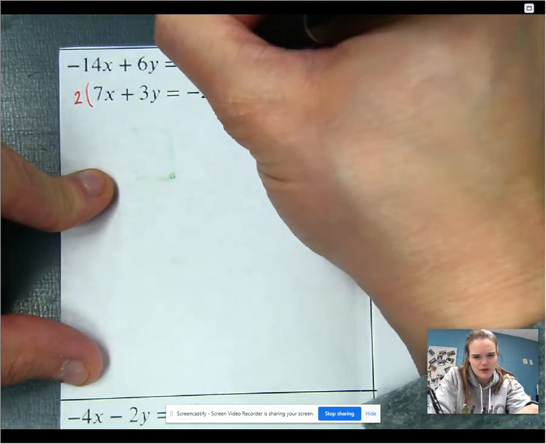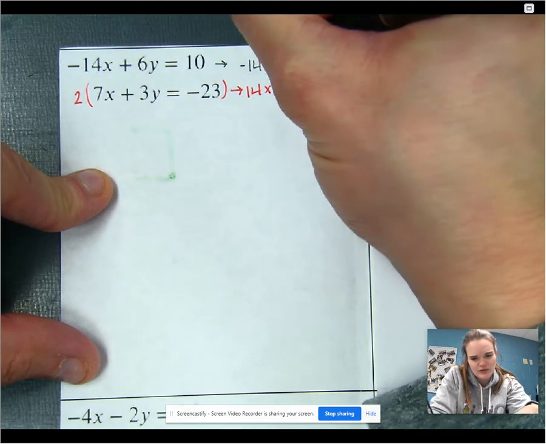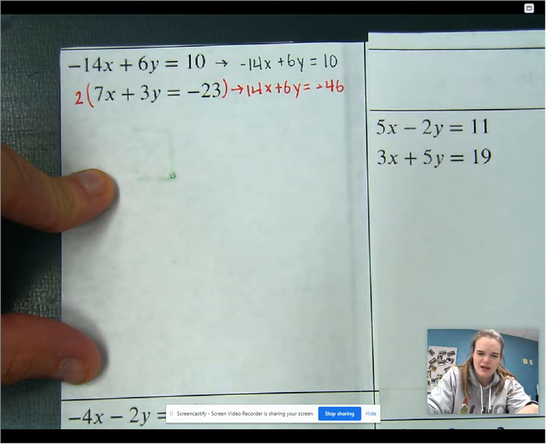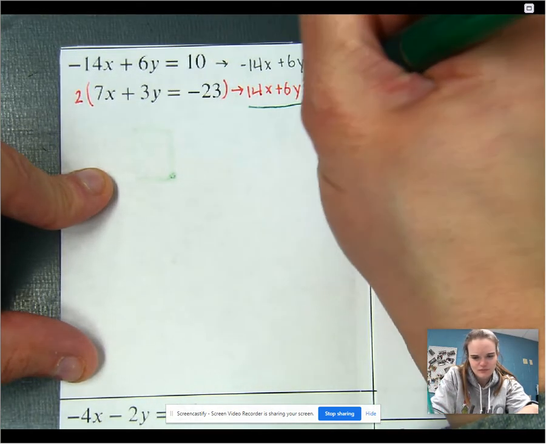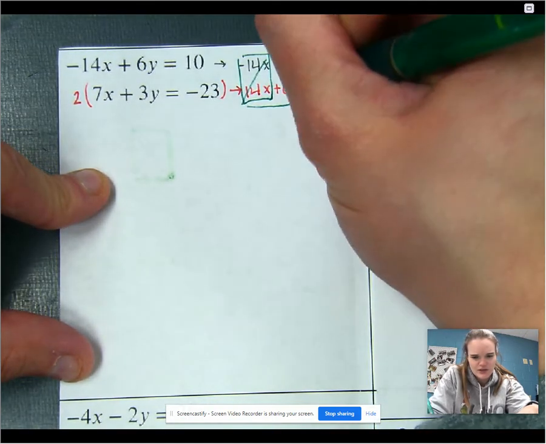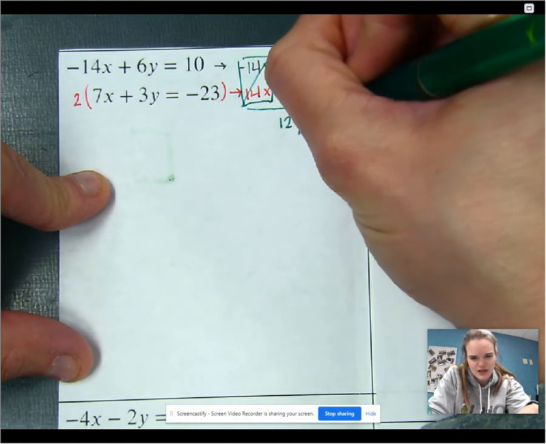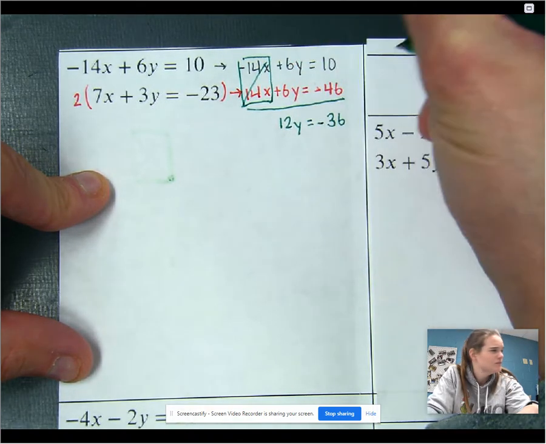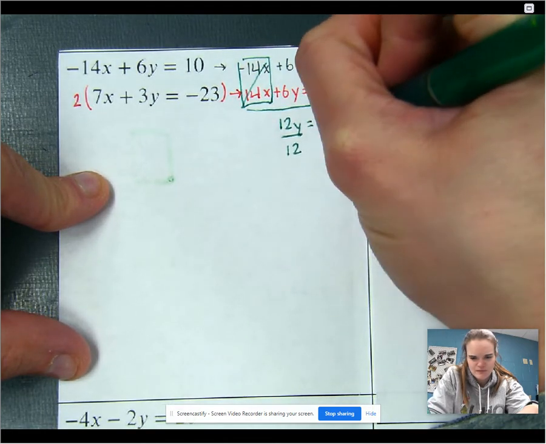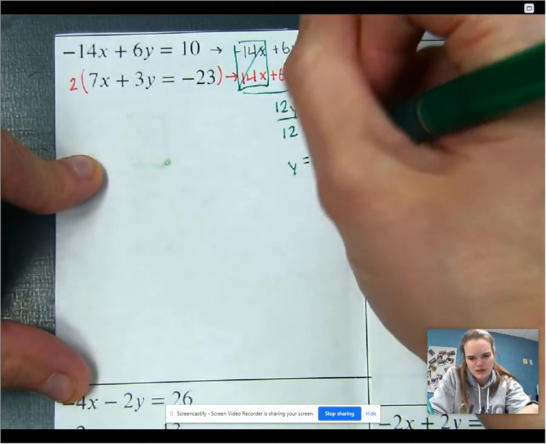Bring over the top one. Negative 14x plus 6y equals 10. Add straight down. These are the ones I made cancel. So 12y equals negative 36, divided by 12. y equals negative 3.